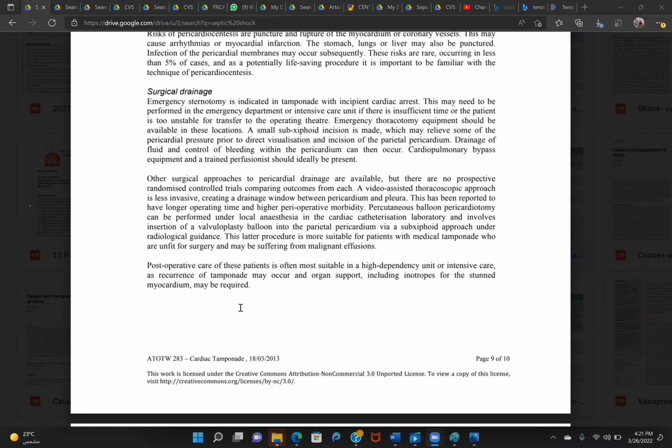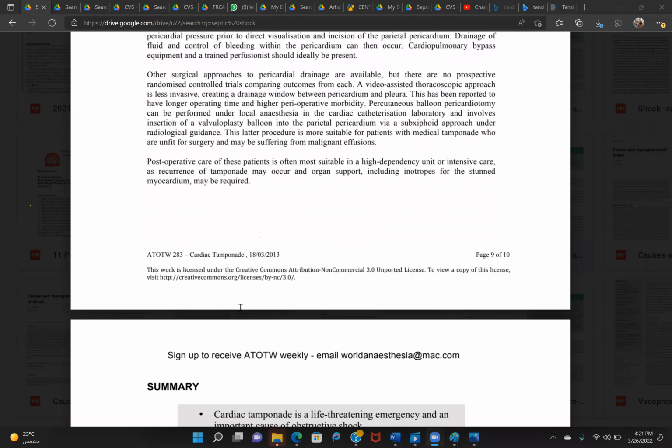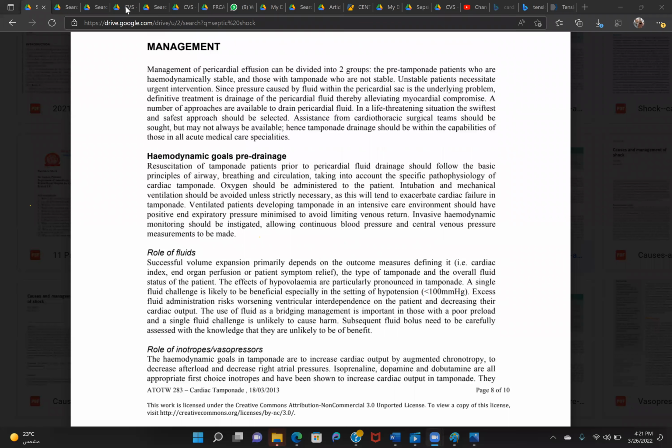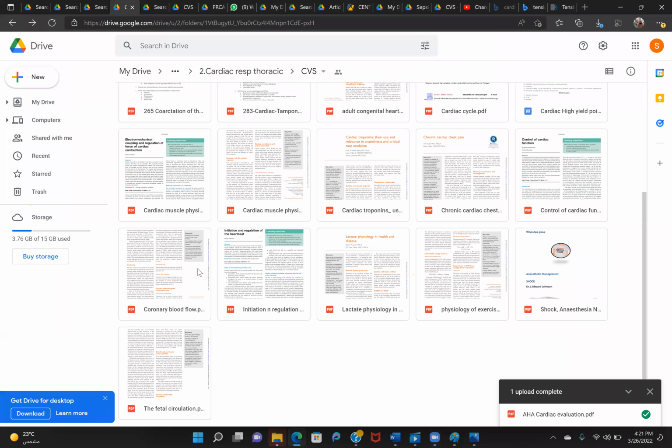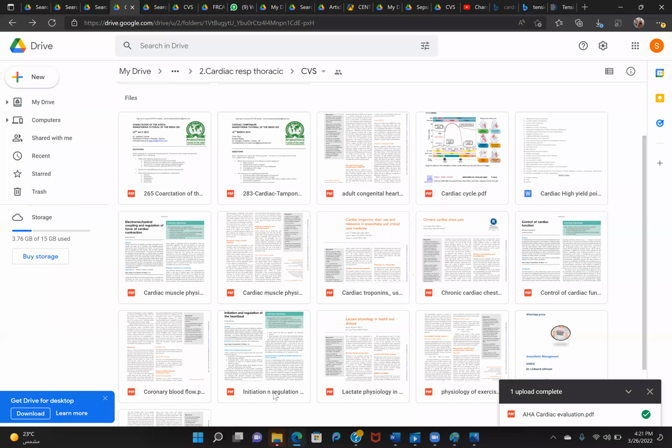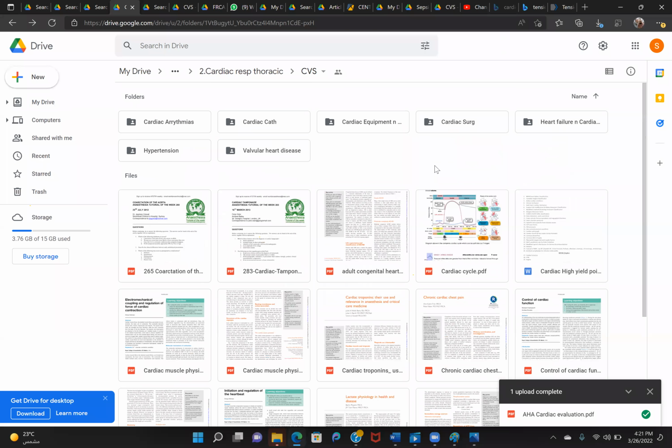You will be supporting the patient, and you will be diagnosing if you have the skill. Otherwise, you will be getting the help of the cardiologist and cardiac surgeon, and they will be managing it. Okay, so these are a few words about cardiac tamponade.